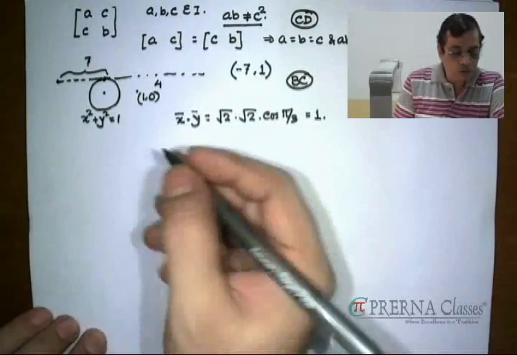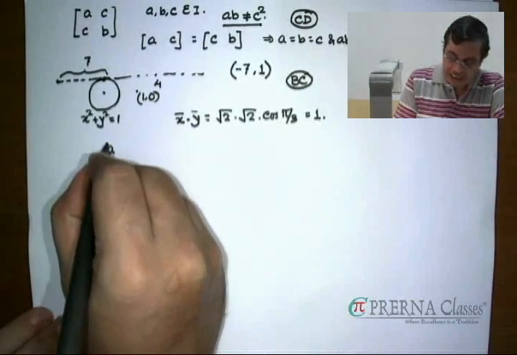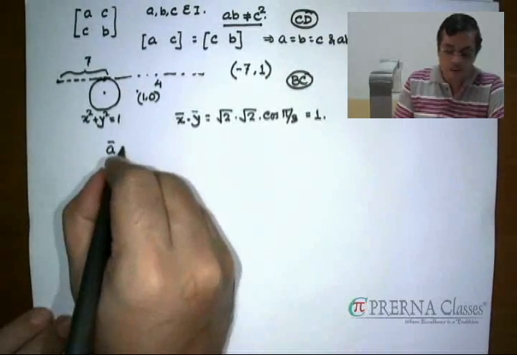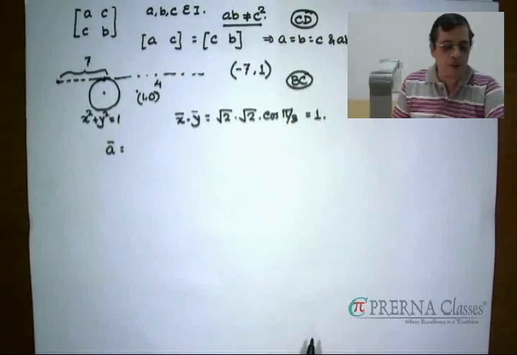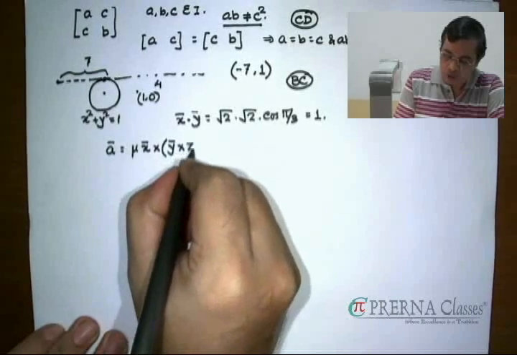Now the vector that we are looking at, A, was given to be a non-zero vector perpendicular to x and y cross z. So I can then say that the vector A must be mu times x cross y cross z.